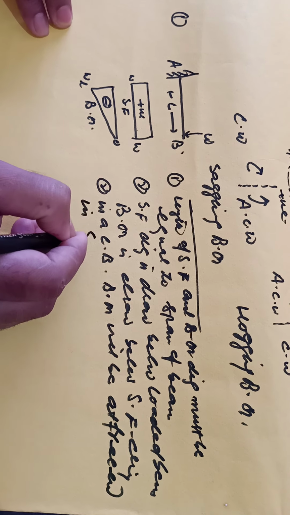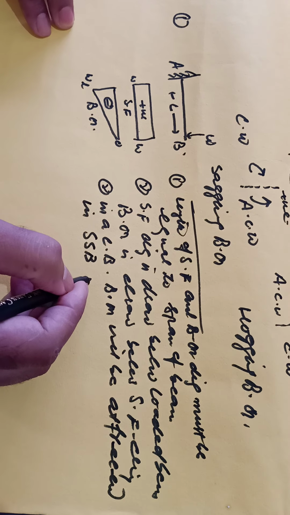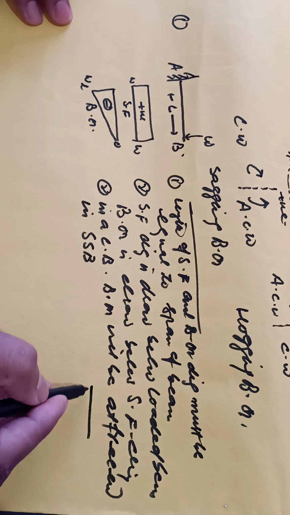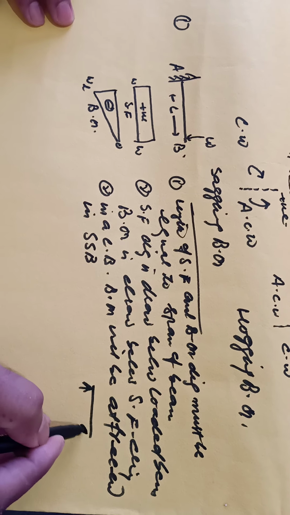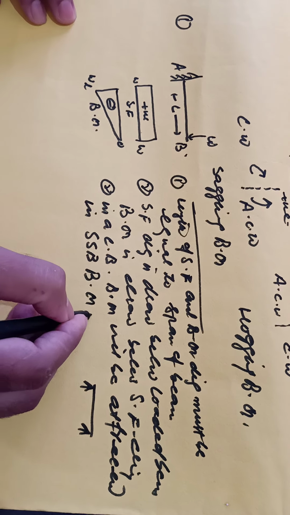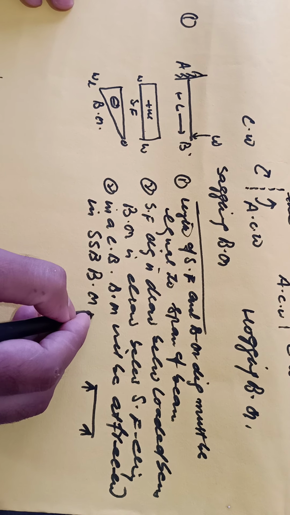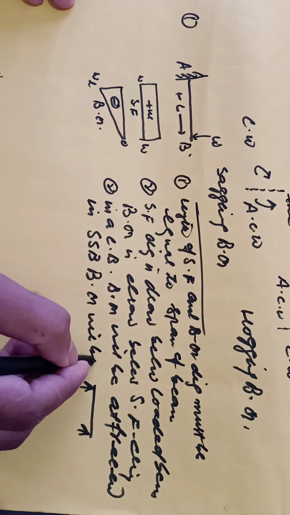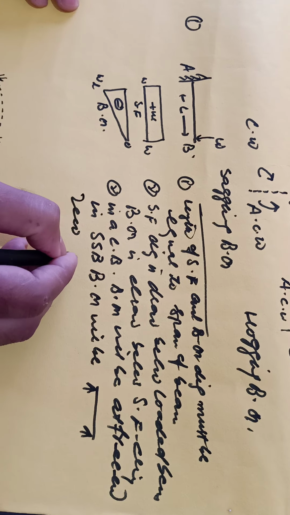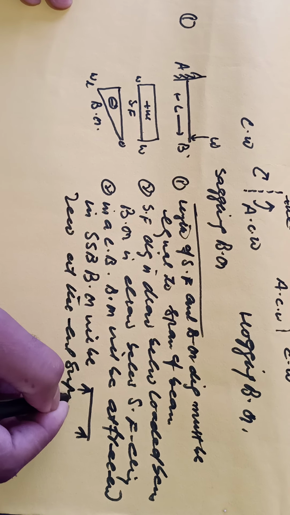In case of SSB, simply supported beam, bending moment will be 0 at the end supports.